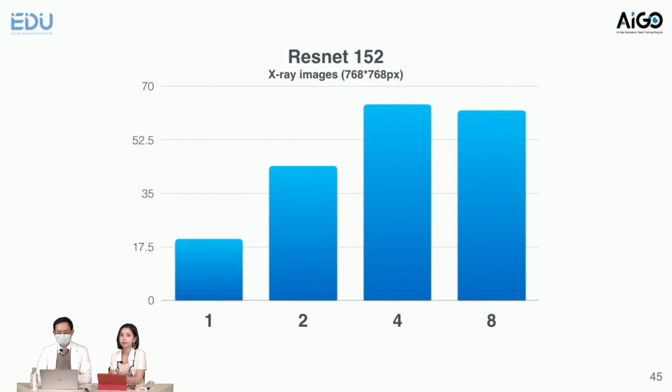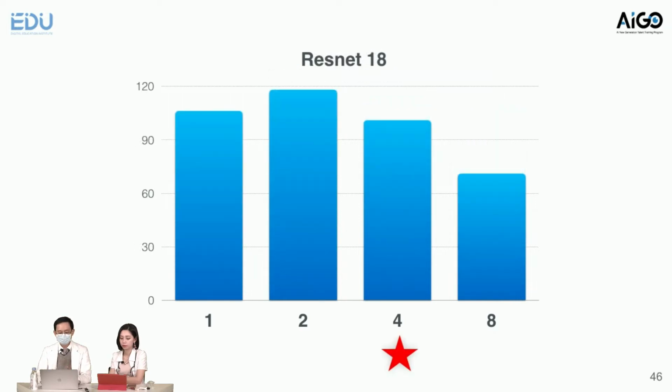And if we proceed to the 8 GPU, the performance drops. And in this case, we use ResNet 18. We found it a very interesting thing. The highest performance occurs at the 2 GPU, and with 4 and 8 GPU, the performance is even worse.